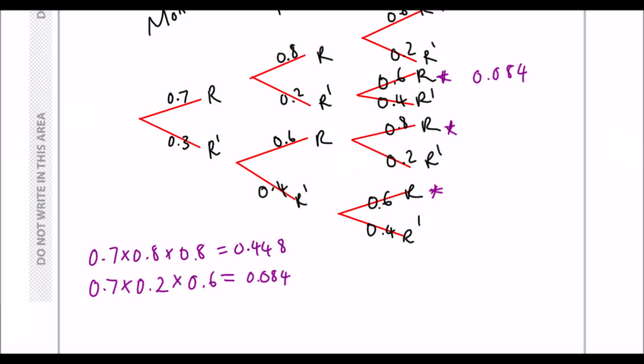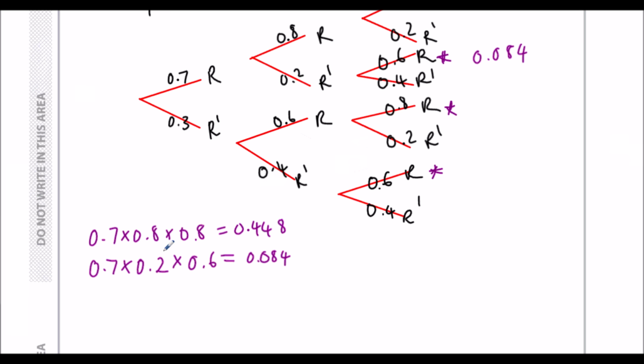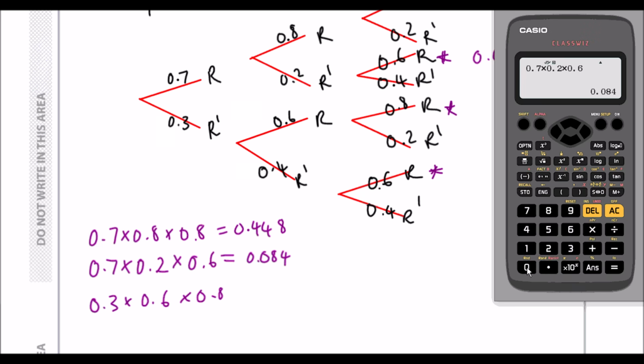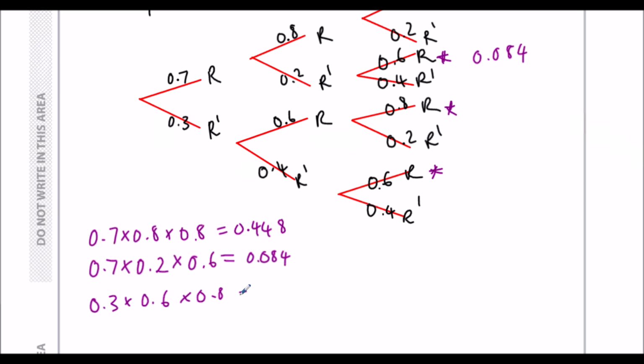Then we have not rain, rain, rain. So 0.3, 0.6, 0.8. So not rain, then rain, then rain again. So 0.3, 0.6, 0.8. Which is 0.144.